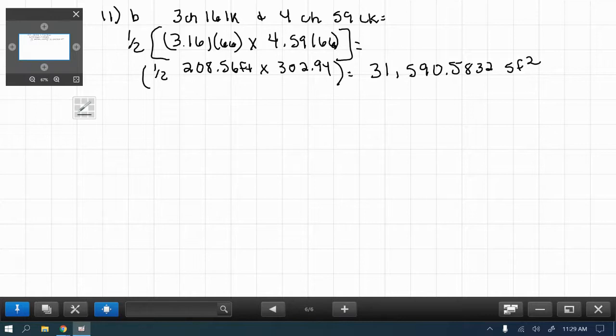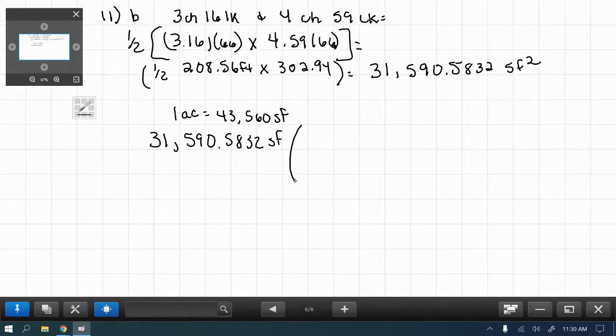Yes, ma'am. And then the last step is to put that in acres. Yes, ma'am. Oh man, I did have that one in.